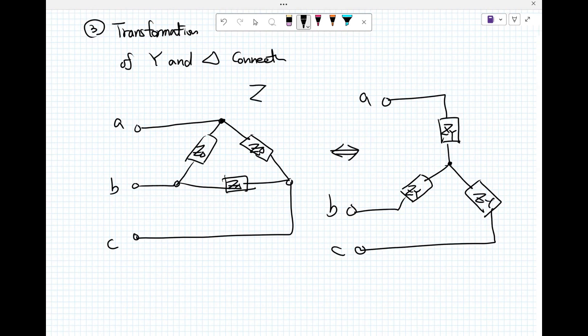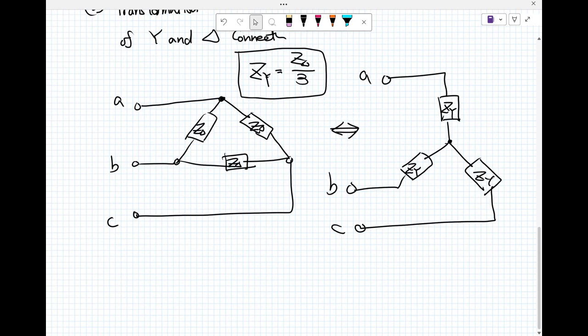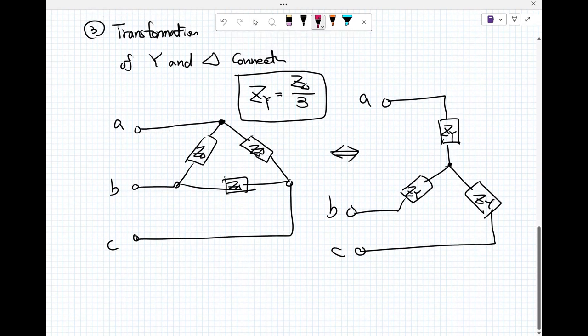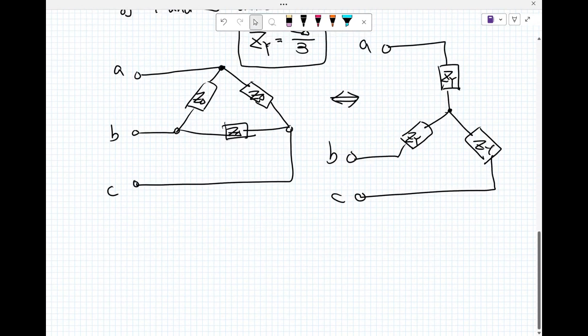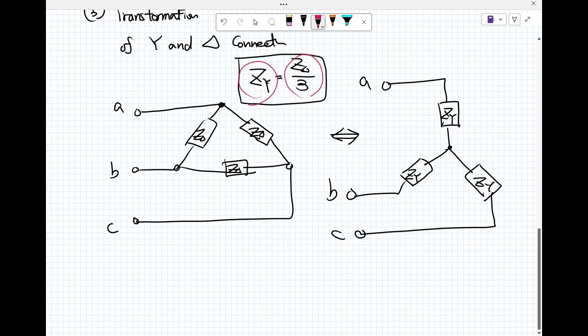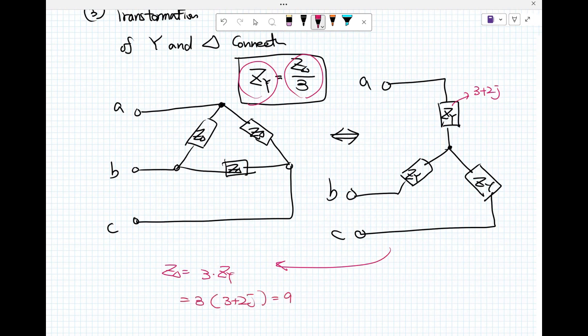Here, this is Y. With the delta, for example, Y equal to 3 plus 2J. To find the delta, 3 times the Y, 3 times 3 plus 2J, 9 plus 6J.